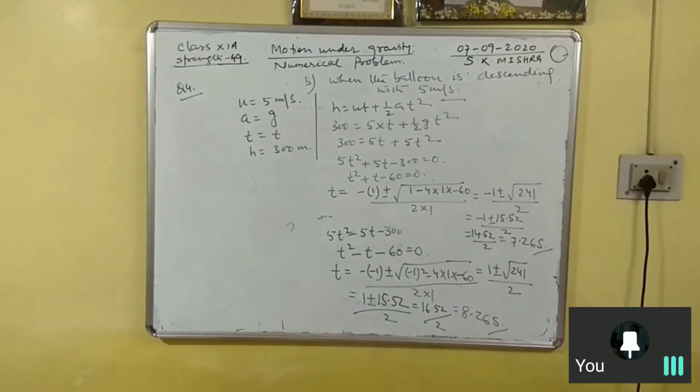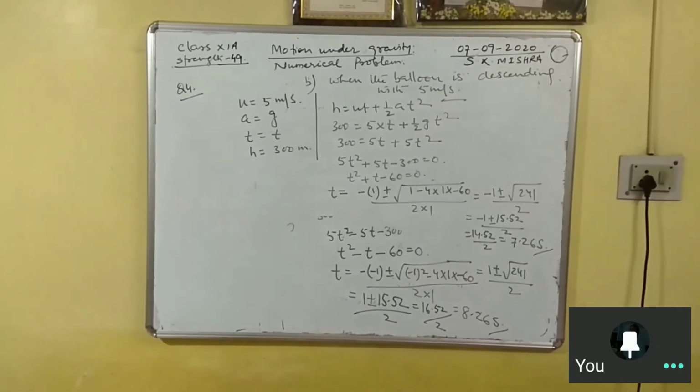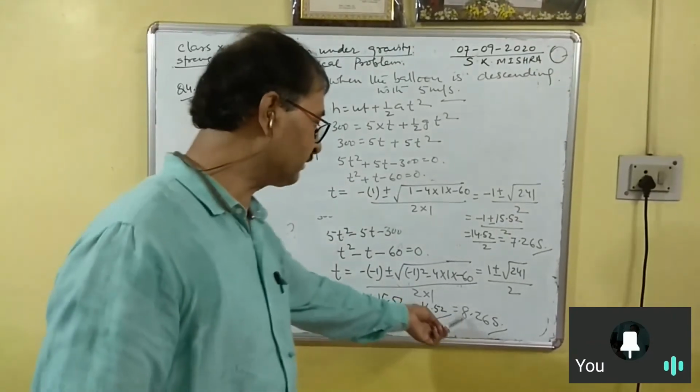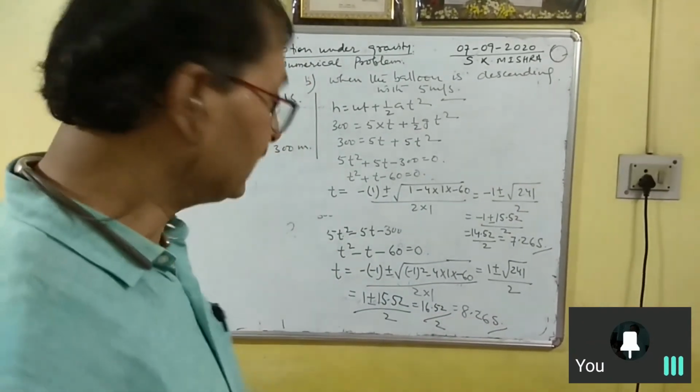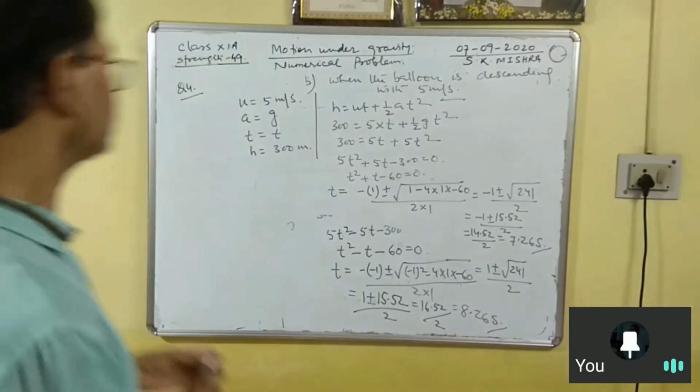8.26, 7.26. Yeah? Difference is there. This time is less, not exactly equal to 8.26. The earlier time was 8.26. Now the stone will take only 7.26 second.